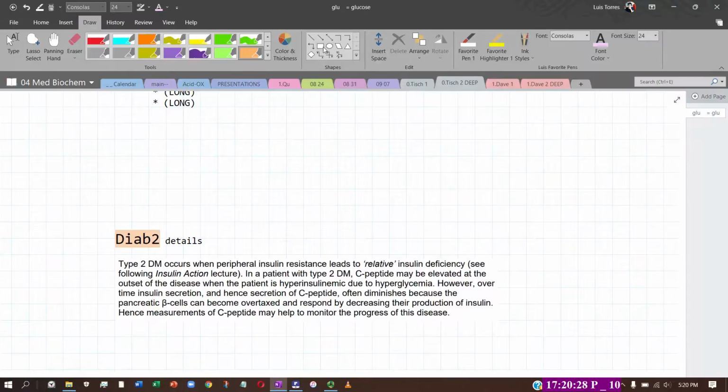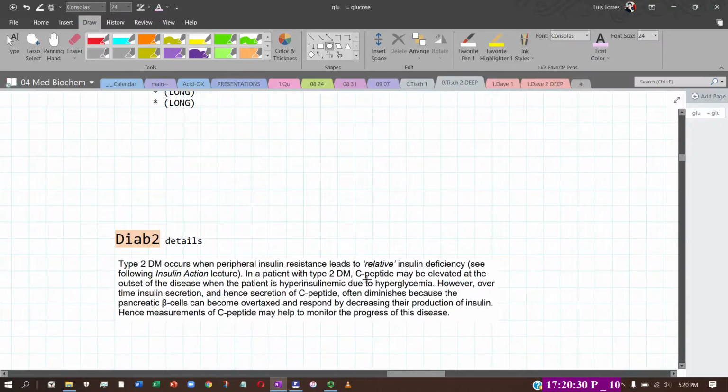Key word here is, here we go. Here it is. Overtaxed. Overtaxed. Yeah, that'll become very relevant later.